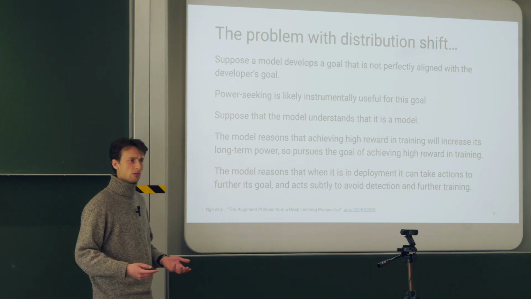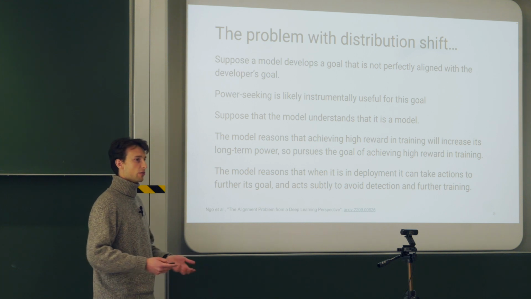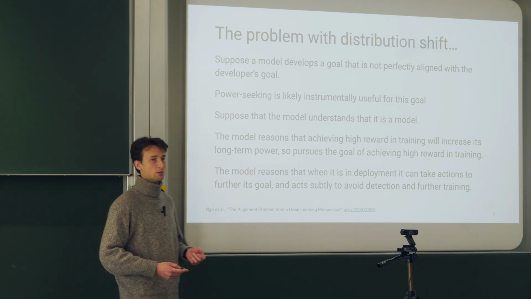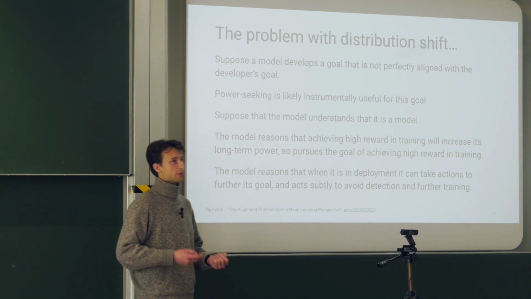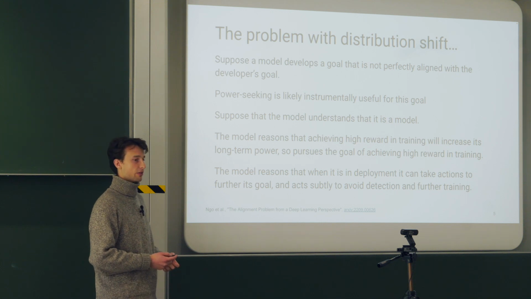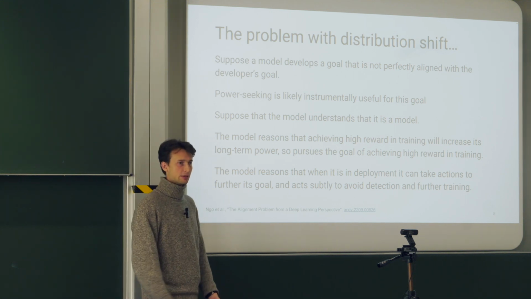It's not clear that this will actually happen, and next time we'll be discussing this particular argument in more detail, along with conceptual arguments for why it may be more or less likely, but at least in principle, this is a possible story that could happen.